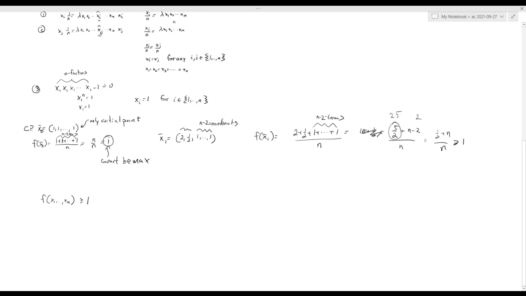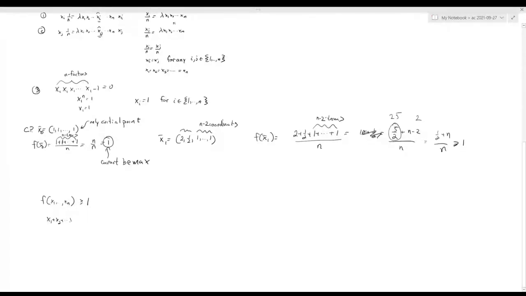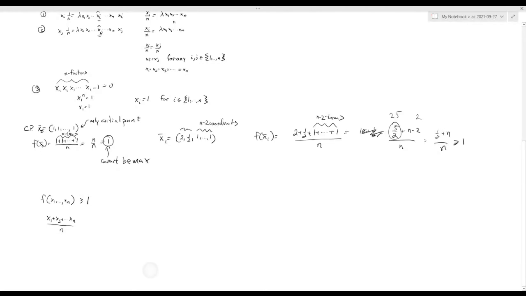But how do you guarantee that the product is 1? That is so weird. But what is our function? This is f of x. It's greater than 1.